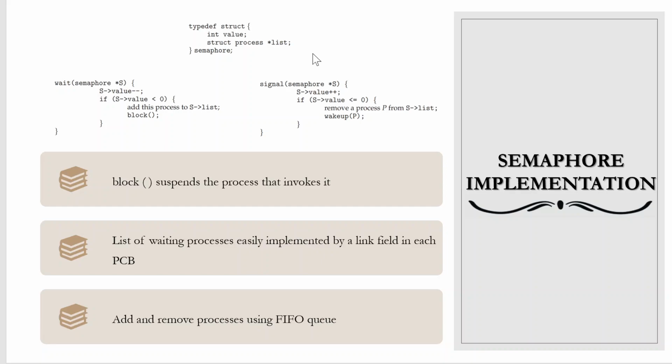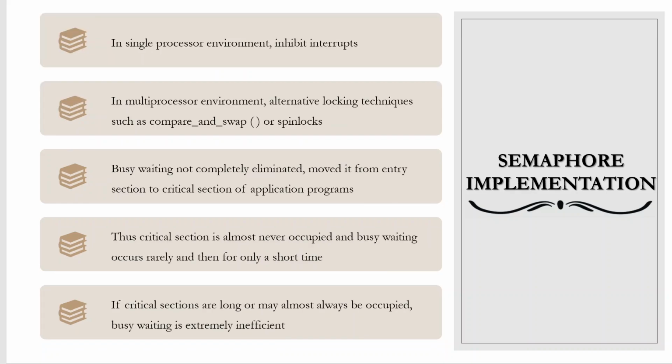It is critical that semaphore operations be executed atomically. We must guarantee that no two processes can execute wait and signal operations on the same semaphore at the same time. This is a critical section problem, and in a single processor environment, we can solve it by simply inhibiting interrupts during the time the wait and signal operations are executing.